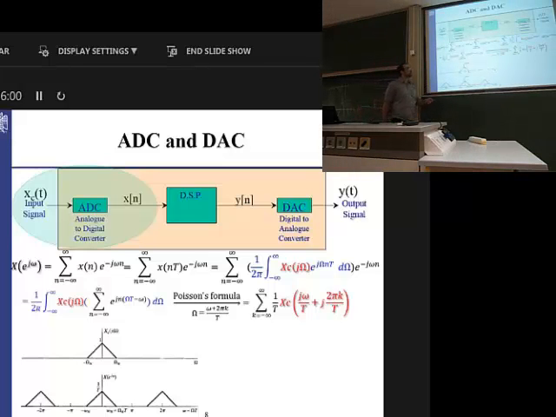Now it's a place to use those lemmas that I told you, actually the duality lemma, looking at the second row and the 10th row of the second slide, using the lemma which is called the Poisson's formula, and replacing this omega with omega plus 2 pi k over T, or the other way, you can say omega T is equal to this value.